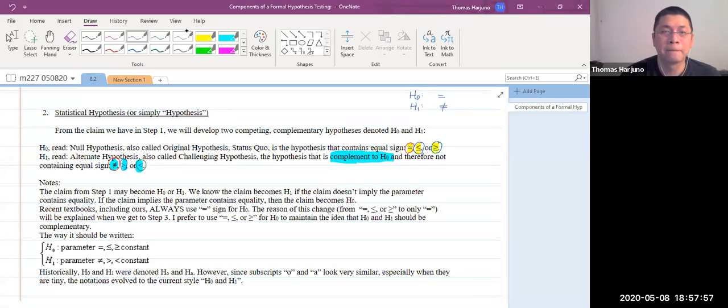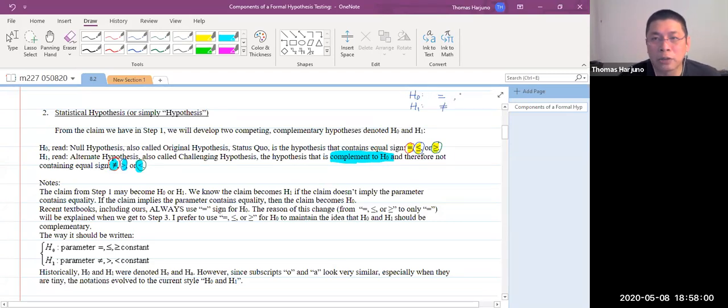If the null hypothesis uses the less than equal sign, then the alternate hypothesis uses the greater than sign. Notice that they are complements. Likewise, if the null hypothesis is greater equal to, then the alternate hypothesis will be less than. Now, by doing it this way, one of them must be true, and the other one must be false.